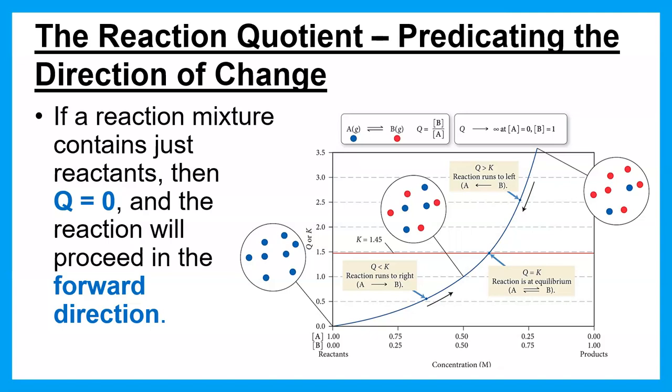You have to go forward. If you have no product, you have to go forward. You have to make some to get to equilibrium. So if you plug in your numbers and Q ends up being 0, then you have to go forward. You don't have any product yet. You got to make some.